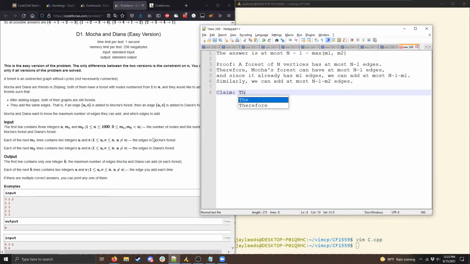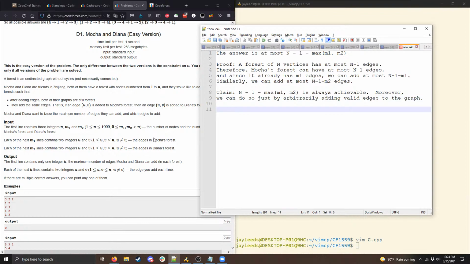Claim: n-1 minus the maximum of m1, m2 is always achievable. And in particular, we can do so just by arbitrarily adding valid edges to the graph. This follows from the fact that it is always achievable, because if it's always achievable, then no matter what edge we add, it's still going to be achievable afterwards.